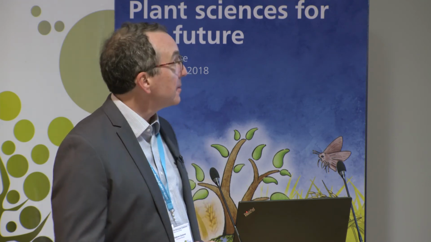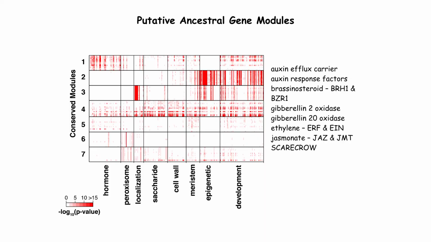We can also look within different modules and ask what are the individual genes there. For example, if we look within this group of genes in module 1 that are enriched in hormone-related processes, some of the genes that we see here are involved in auxin, brassinosteroid, gibberellic acid, ethylene, jasmonic acid.